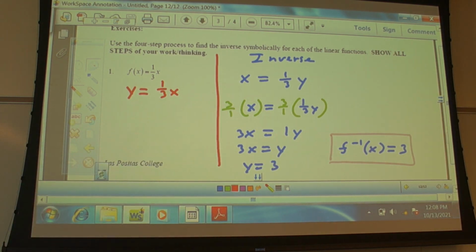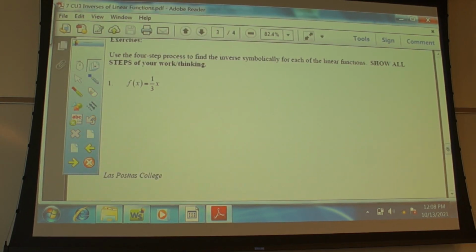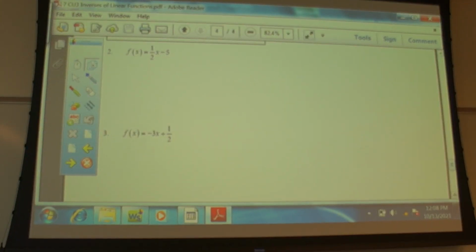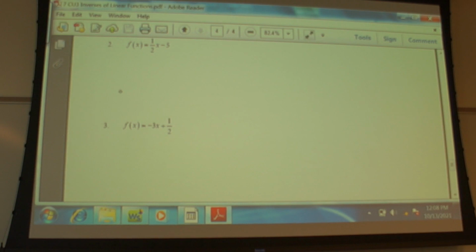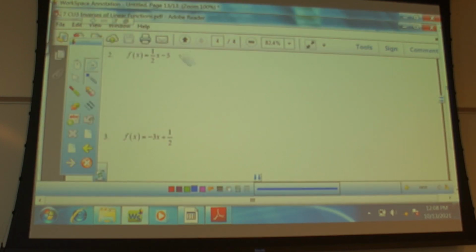Let's take a look at the next one. And again, you're going to rewrite this. So for your first step, rewrite this, and then find the inverse, where the x and the y swap.